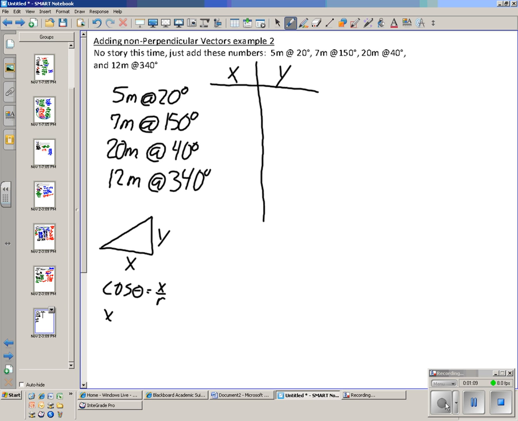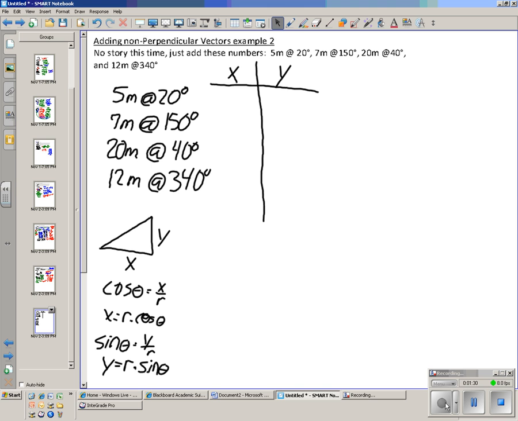So that means x equals r times cosine theta, and then sine of theta equals y over r. So that means y equals r times sine of theta.